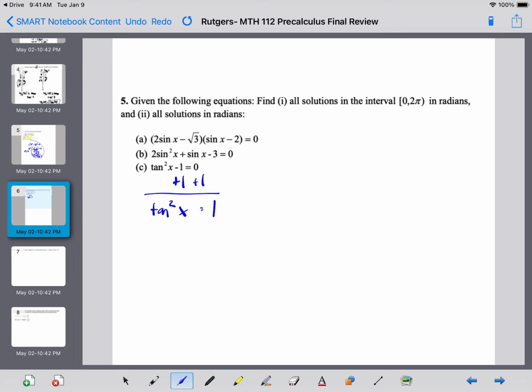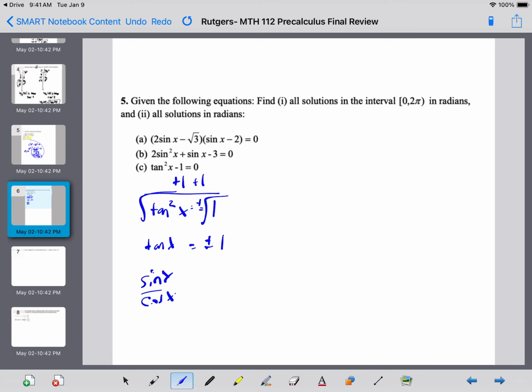So then you could take the square root of both sides. When you take the square root of an unknown, you must include plus or minus. So we have tangent of x equals plus or minus 1. So then, when does tangent equal plus or minus 1? Tangent is sine over cosine, right?